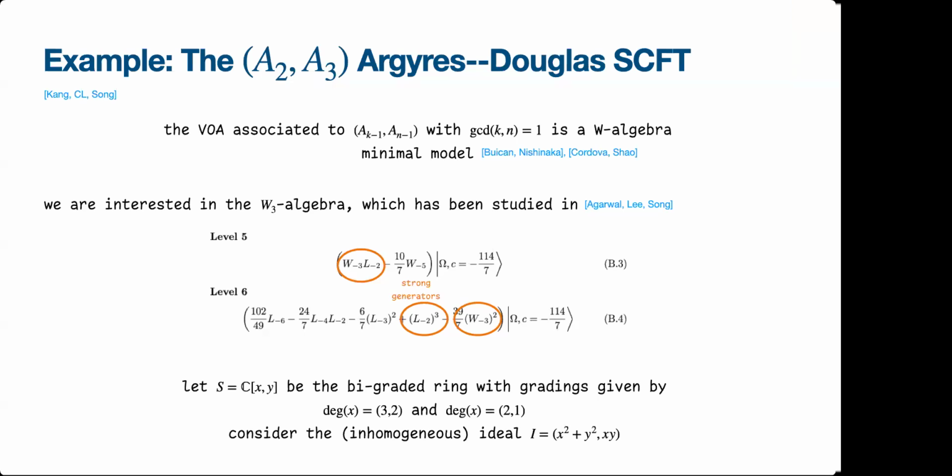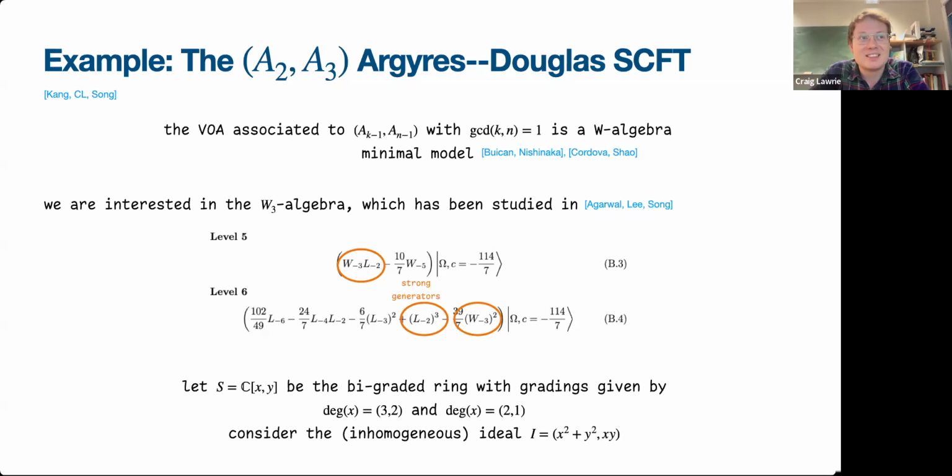Where did the second grading degree come from? The 3 and the 2 for x and y I understand, but why 3, 2 and 2, 1? Oh, wonderful, you've touched on a great point. I'm not telling you how to derive the grading just by looking at the null relations. I'm only telling you how to derive the ring, and then I'm putting the grading on it by choice. So I'll tell you where the grading comes from.